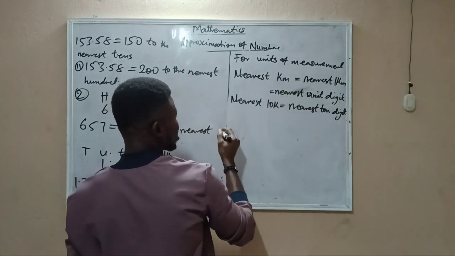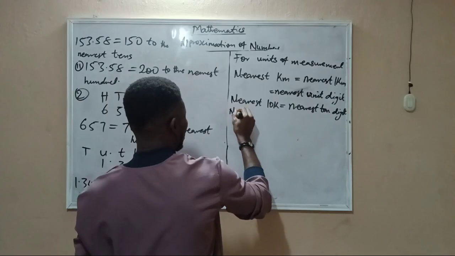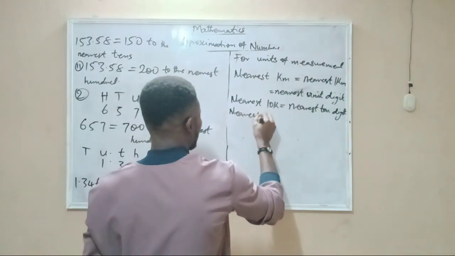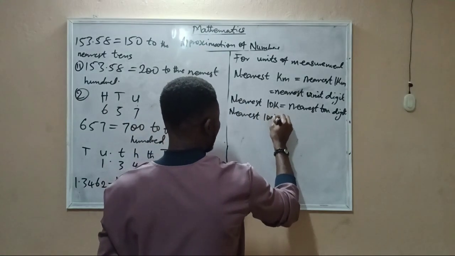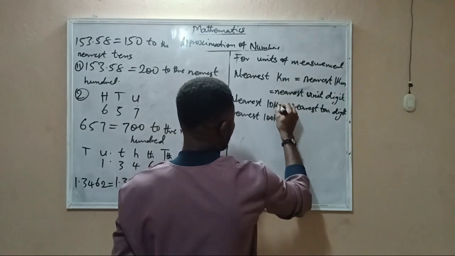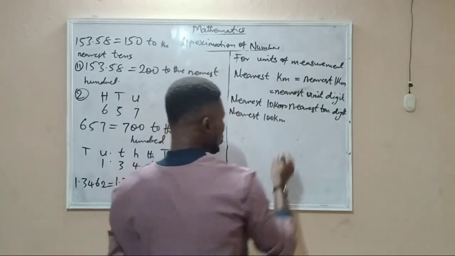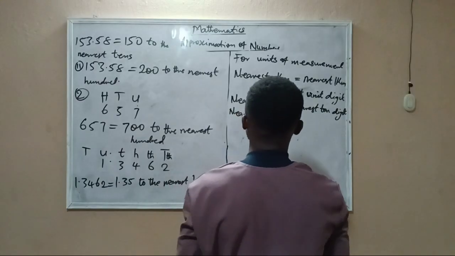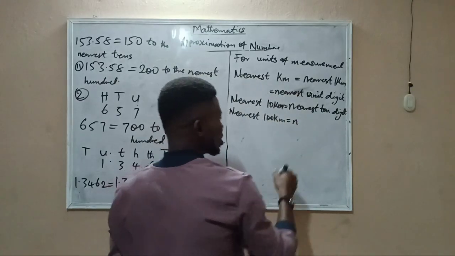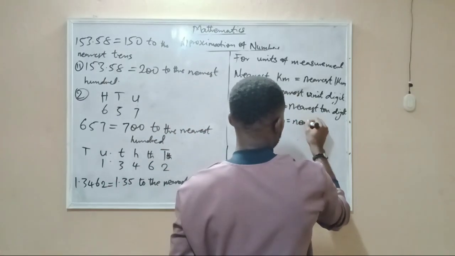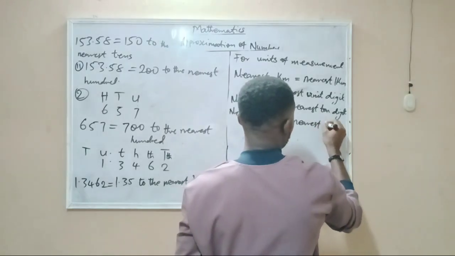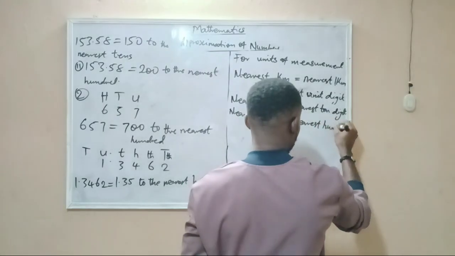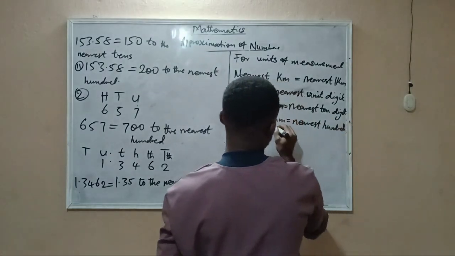And then nearest 1000 kilometer. Sorry, the 100 first. Nearest 100 kilometer equals to the nearest 100 digits.